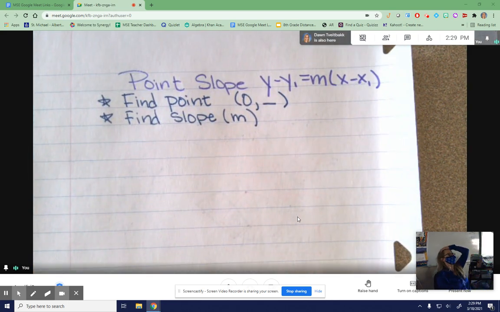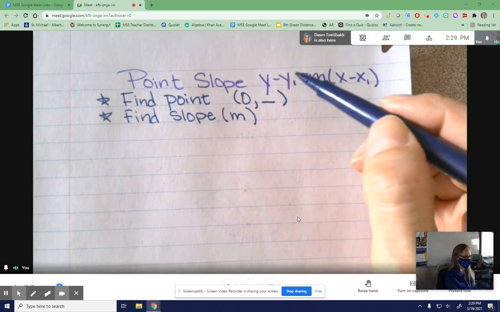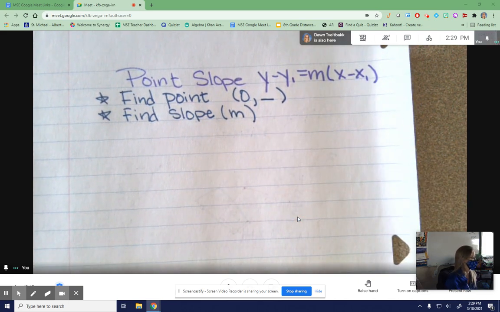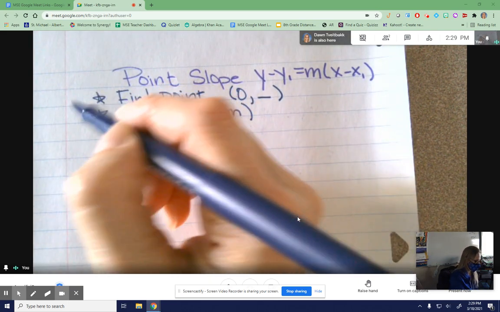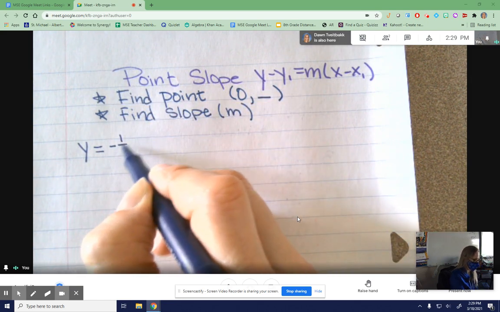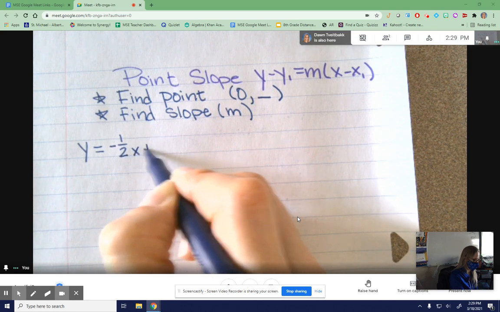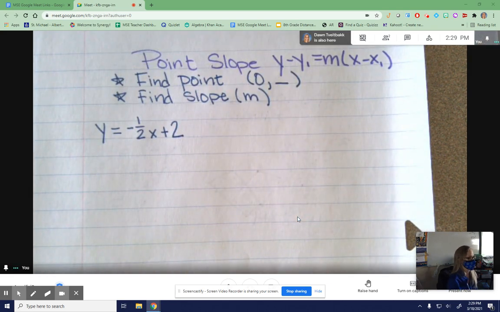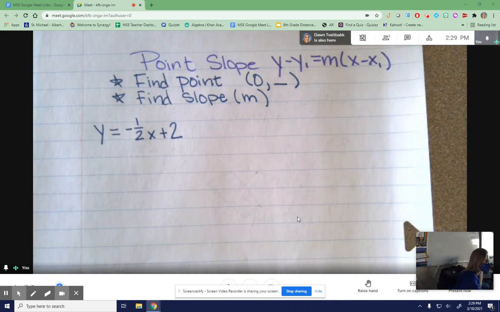So the equation that's going to be your best friend in this section of the homework is the one that has the y-intercept and the slope. It's going to be this equation right here: y equals negative 1/2 x plus 2. That is going to be your best friend because it contains the two things you need.